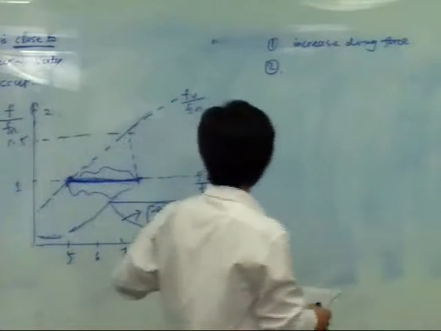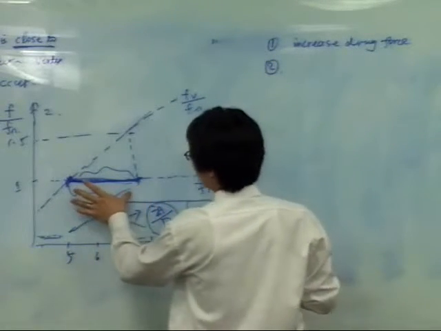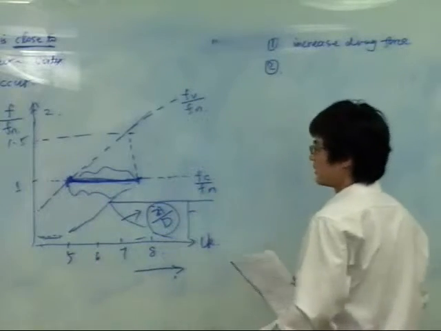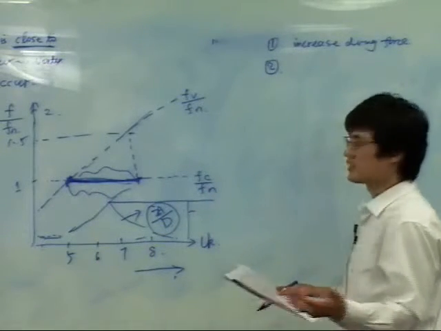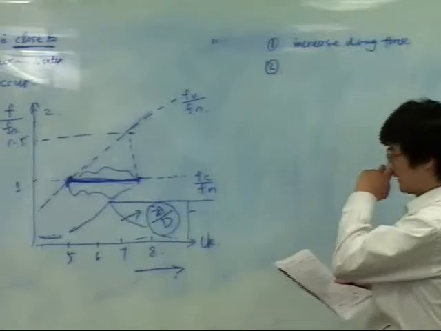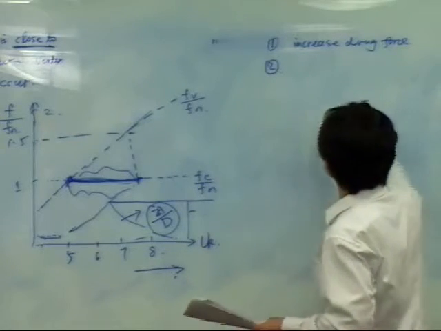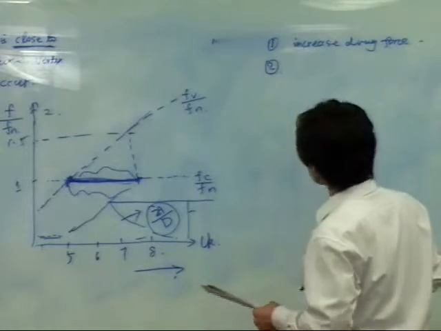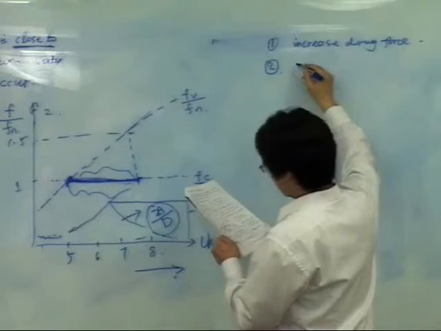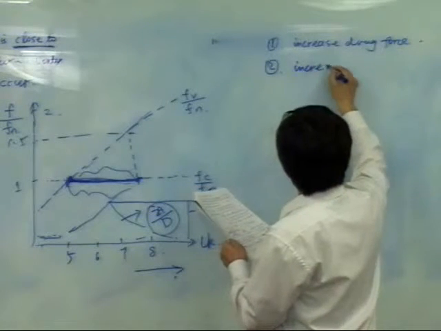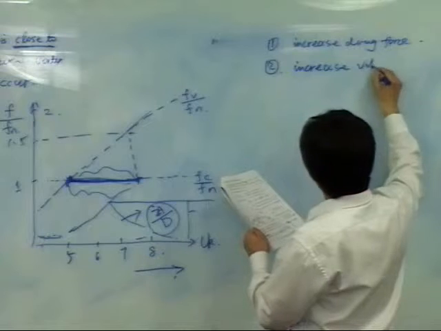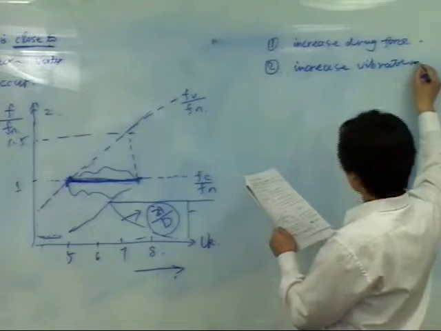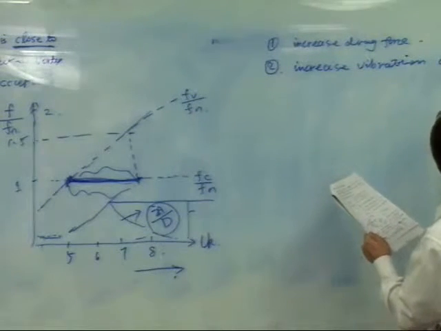This is a very hot research point right now in the offshore industry, because it has a lot of consequences. First, it increases drag force. It increases the vibration amplitude, right?